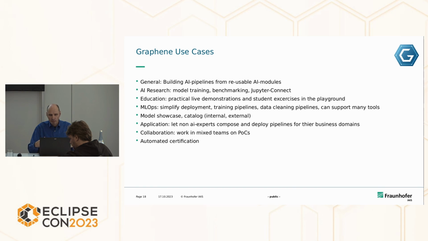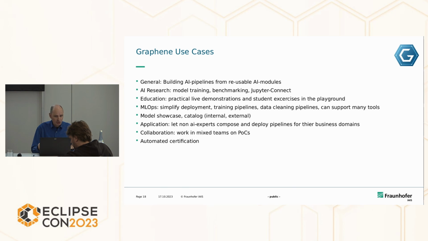So the deployment could be adapted to, for example, DVC, the data versioning tool, and also to different tools that support capturing different metadata. Then, of course, it can be used just as a showcase, as a catalog to showcase internal and external models that are available.